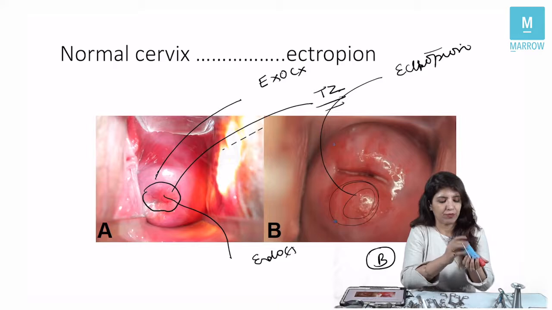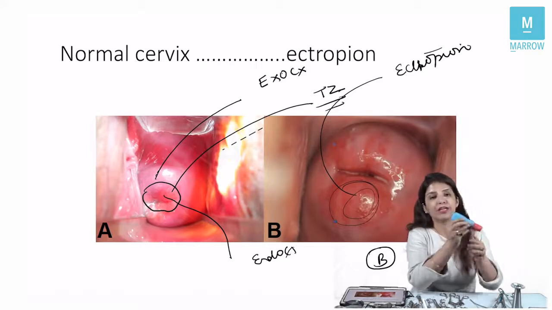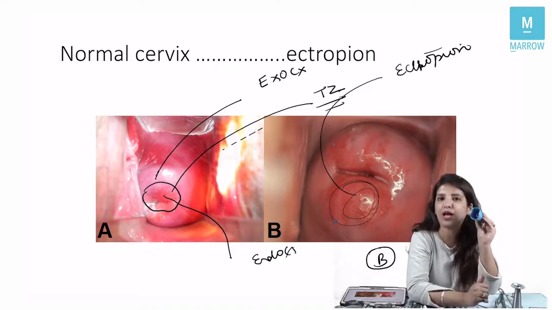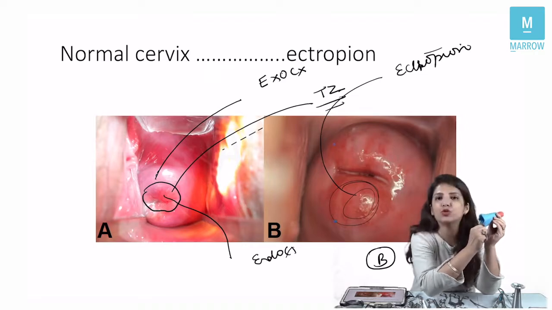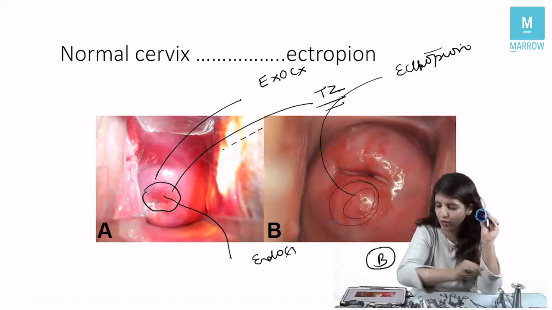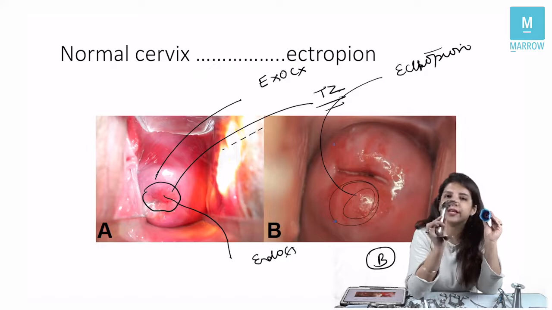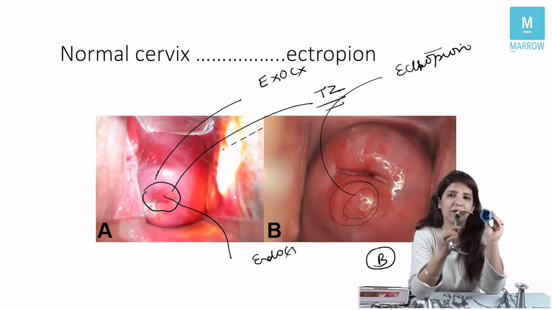Okay. Now, if I want to do a per speculum examination, I want to look at the cervix. First thing I will have to do is retract the posterior wall of vagina, right? So this blue color is the vagina which I have drawn. In order to retract the posterior wall of vagina, the instrument I am going to use is the double-bladed, non-self-retaining Sims speculum.